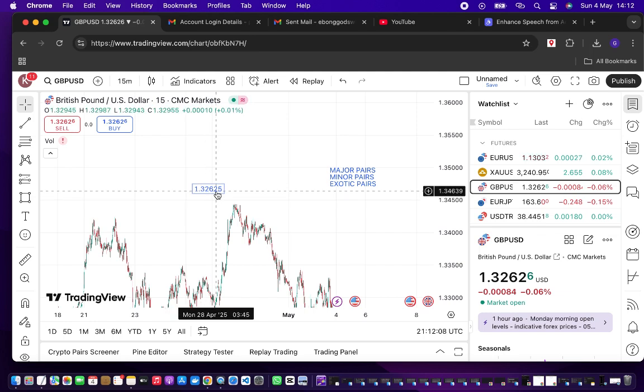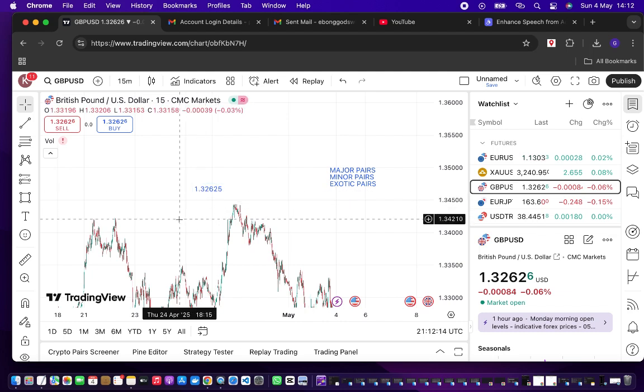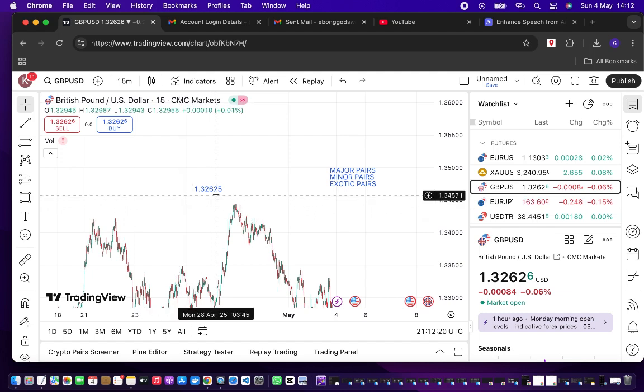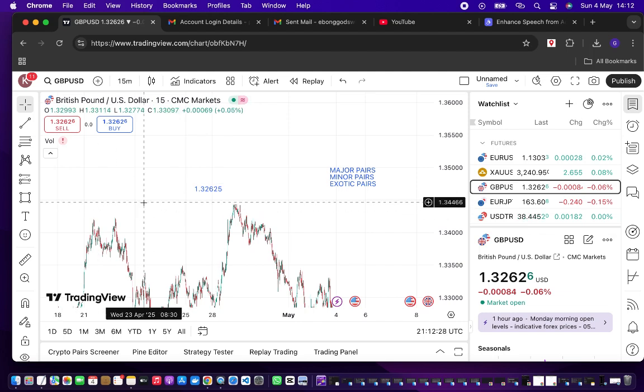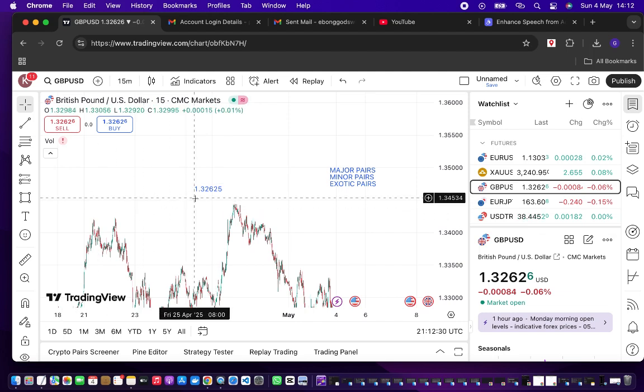So GBP/USD is currently listed at 1.32625. To measure the change in the market value of GBP/USD, we add or subtract to the fourth number after the decimal point. Let me show you guys what I mean.